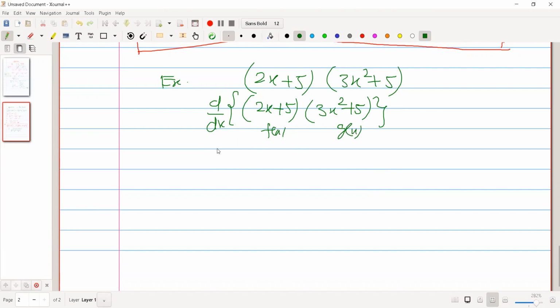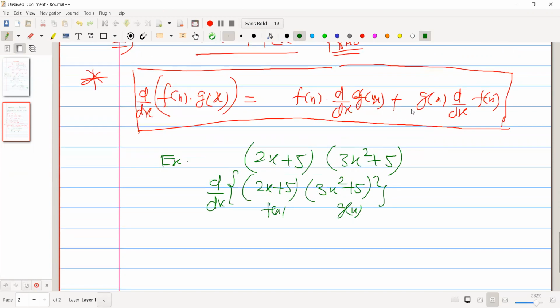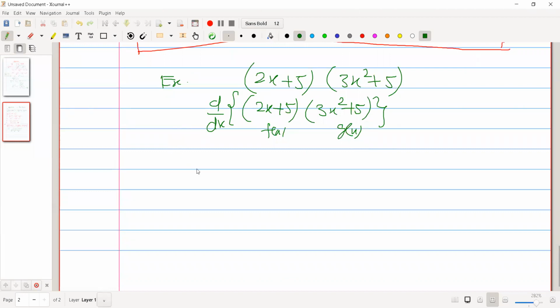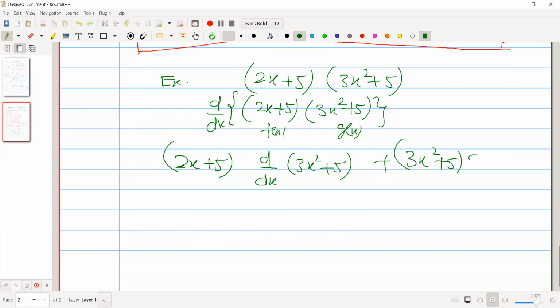Just applying this formula, you will get (2x plus 5) into the derivative of (3x square plus 5), plus here we consider the second function first: (3x square plus 5) into the derivative of (2x plus 5), right?